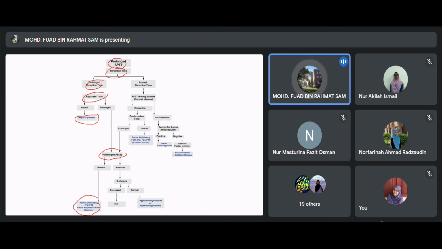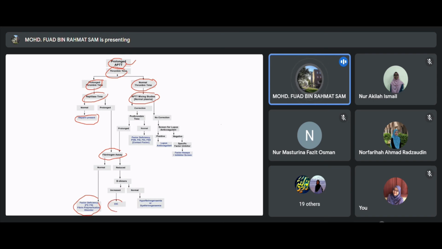So kalau prolonged APTT tapi dia punya thrombin time is normal, kita buat mixing study. Remember mixing study kita tambah apa? Kita tambah patient punya plasma dengan normal plasma. Kalau ada correction, kalau prothrombin dia prolong, proceed dengan fibrinogen assay.